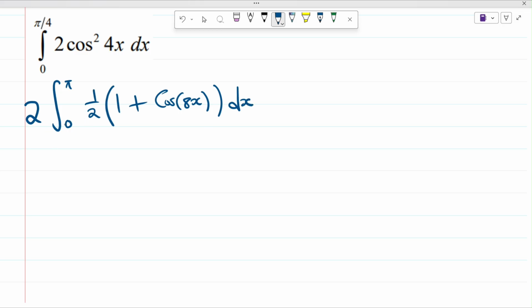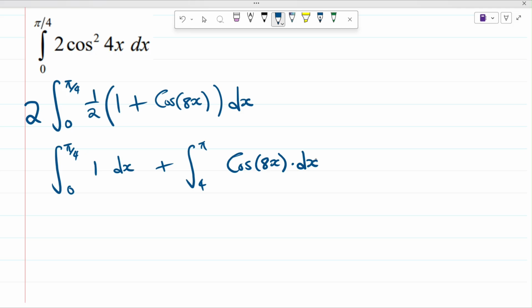I can take the 1/2 out, and it will cancel out with the 2. So at the end of the day, I'll be left with the integral from 0 to pi over 4 of 1 dx plus the integral of cos of 8x dx.